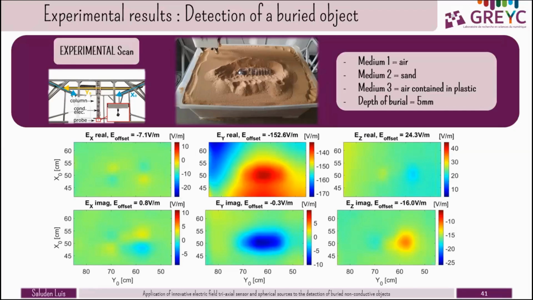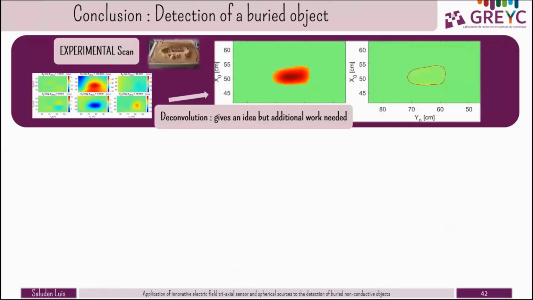And actually what we observed is that the information of the anomaly of the encapsulated medium is in these images. So in the quadrature phase electric field images.